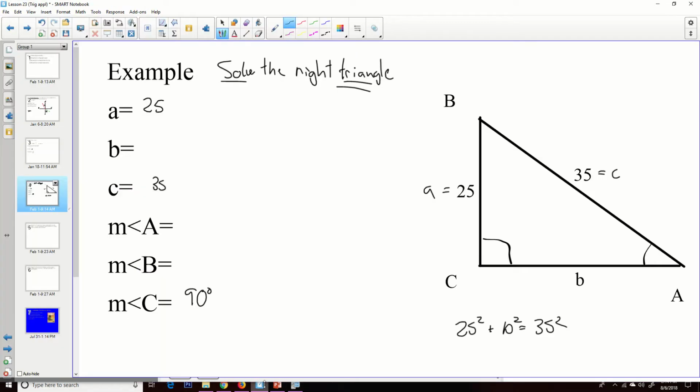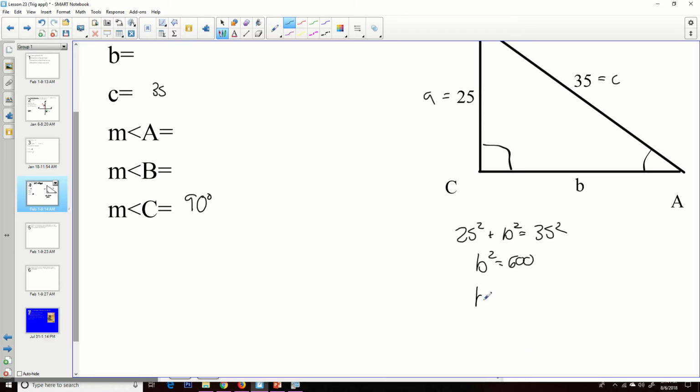So my B squared is equal to 600. That means B is going to equal the square root of 600, which would be 100 times 6. I think that's the biggest perfect square that I can factor out of 600, because 6 does not have a perfect square as a factor. So I'll have 10 square root of 6.